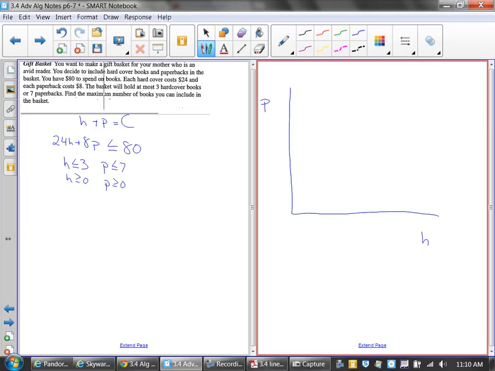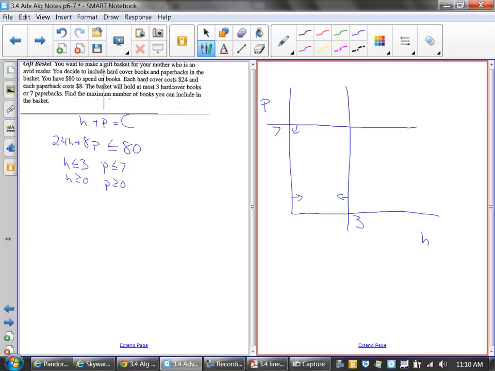Now, do you guys all agree that this is a first quadrant problem? Yeah. I am bound by the H value can't be any more than 3. So it's somewhere between 0 and 3. Same thing with the P value, it has to be somewhere between 7 and 0.